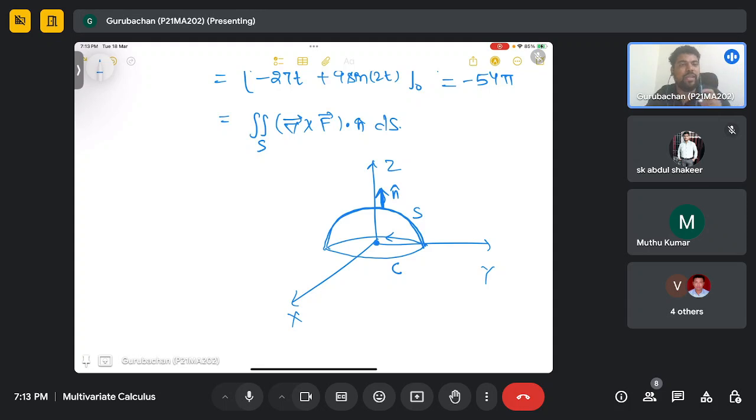We will calculate the line integral over C as F dot dr. This is particularly for Stokes theorem: we calculate this double integral of curl F dot n cap dS over this S. We treat this as only the surface, and take the outward normal vector with respect to it.